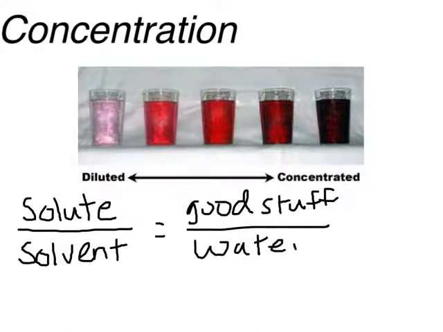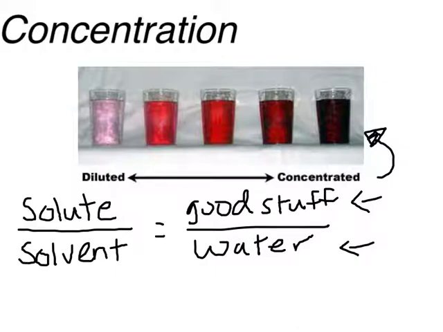So the easiest way to explain this is with Kool-Aid. You dissolve the sugar and the food coloring in the packet of Kool-Aid into water. The more Kool-Aid, or good stuff, you have compared to the amount of water, the more highly concentrated it's going to be. You're going to have a stronger flavor, darker color.